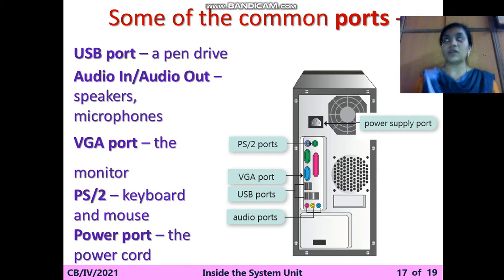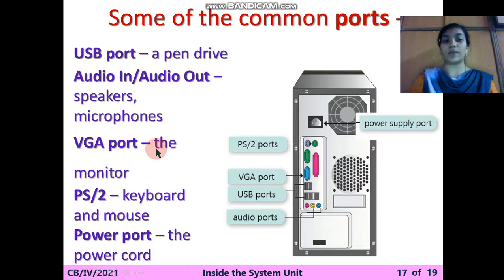There are minimum 4 or 5 ports for connecting audio, meaning the microphone and speakers, and nowadays the microphone also comes in the USB port. If there is no audio in, audio out port, then you can also use the USB port if you have that type of device.